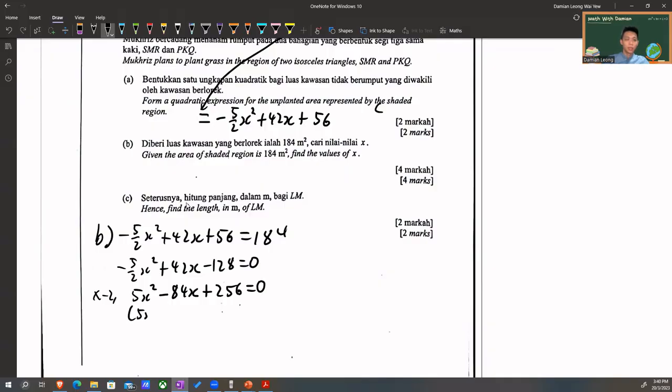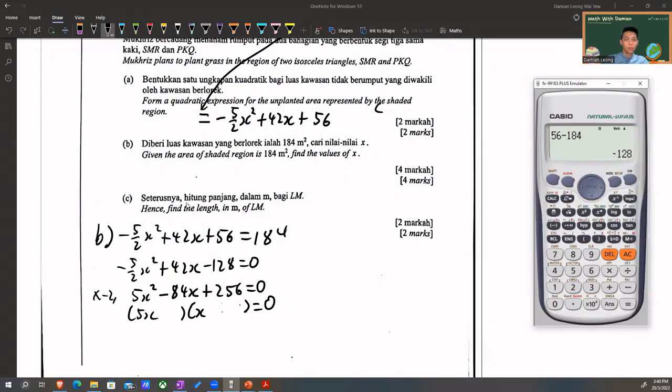Let's factorize this. 5x and x. If you want, you can use a calculator to factorize as well. So mode equation, key in the A, B, and C values, 5, -84, 256.